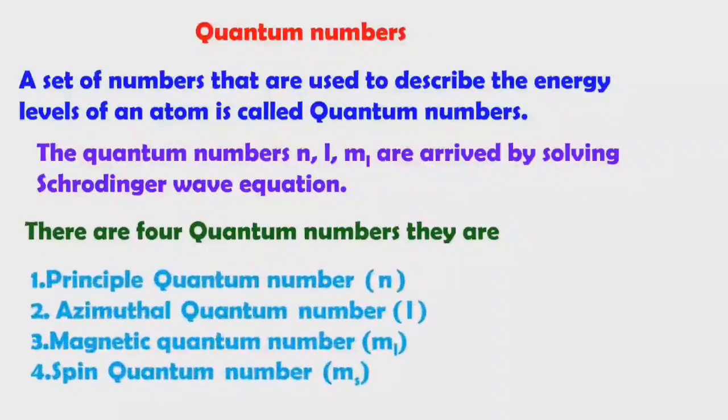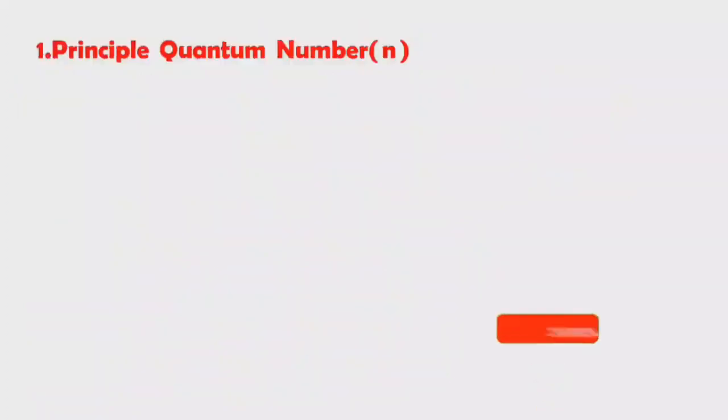They are the principal quantum number, represented with small n; the azimuthal quantum number, represented with small l; the magnetic quantum number, represented with small ml; and the spin quantum number, represented with small ms.